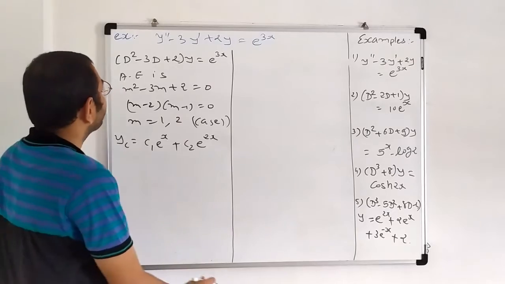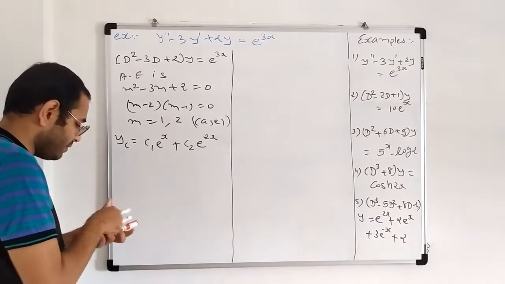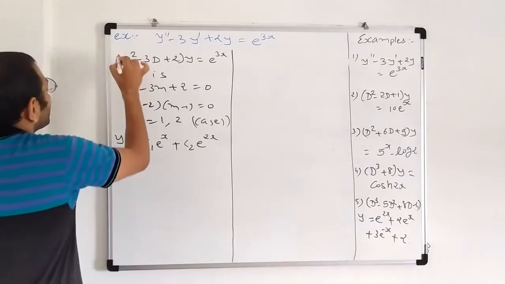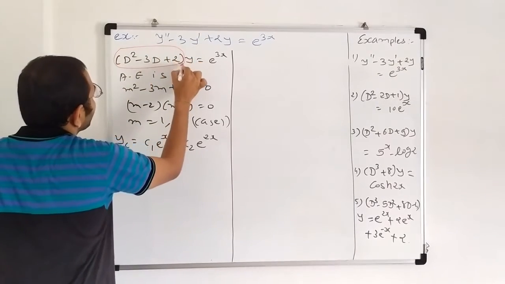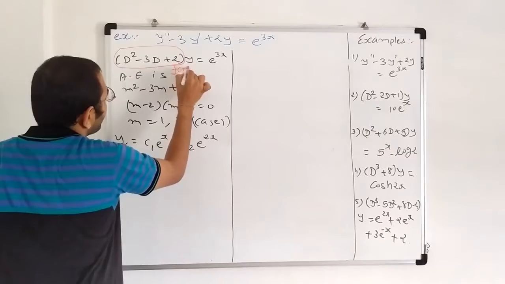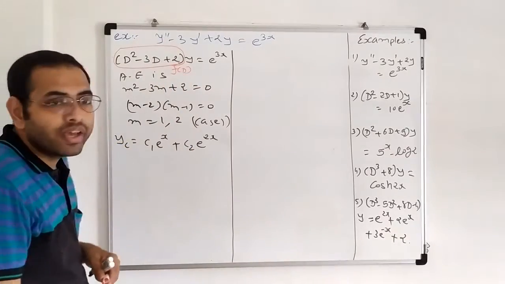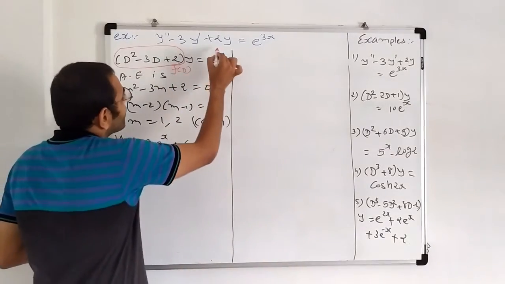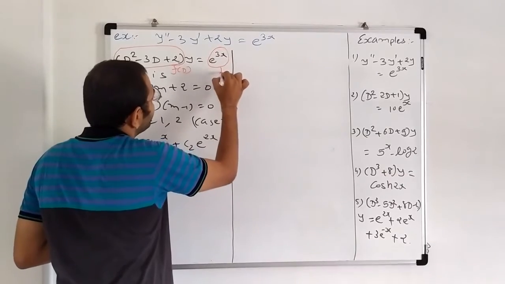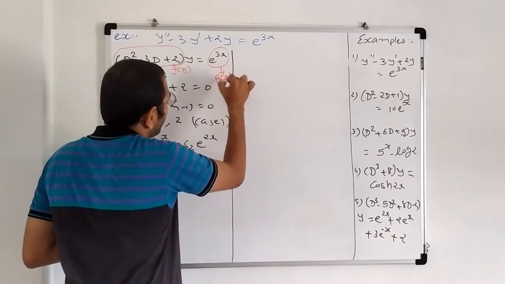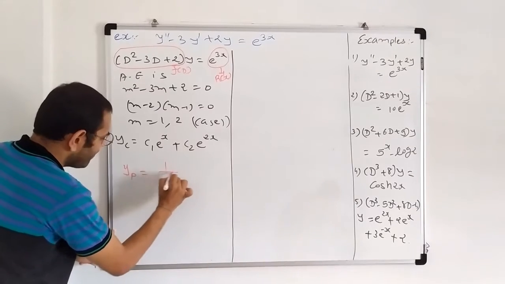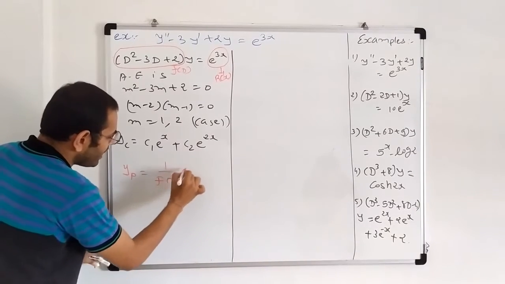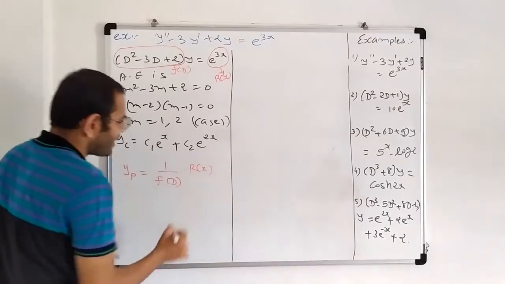Now, in this differential equation, that portion is indicated by f of D and it is equal to something that is indicated by r of x. To find the particular integral, we have the formula 1 upon f of D into r of x.